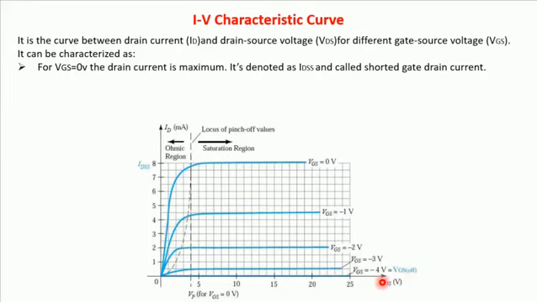That means there will be no voltage or current flow towards the channel, as we are not controlling any output voltage during this particular region. So the first region is our cutoff region.